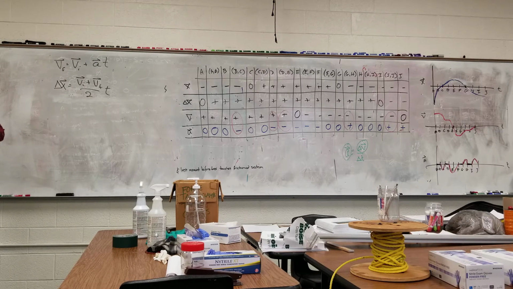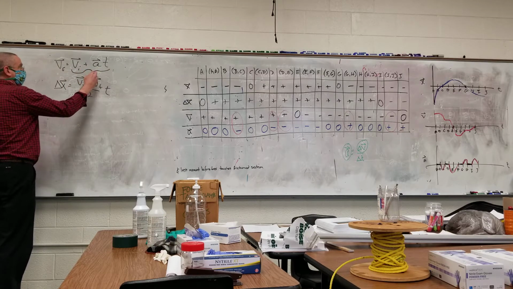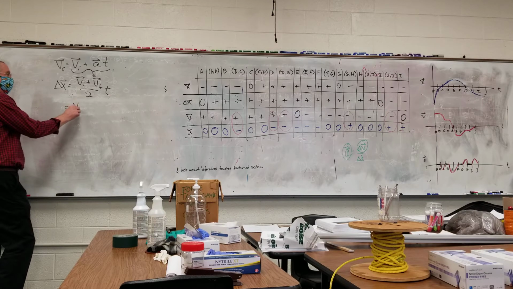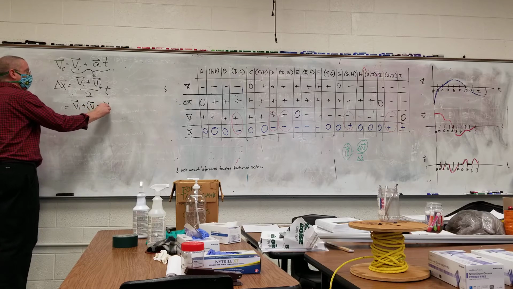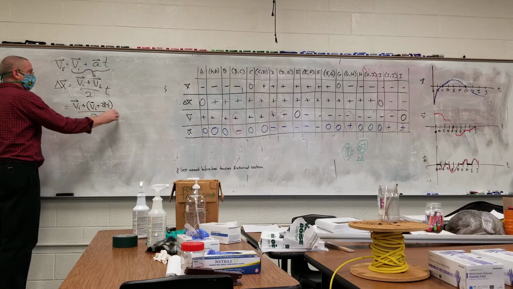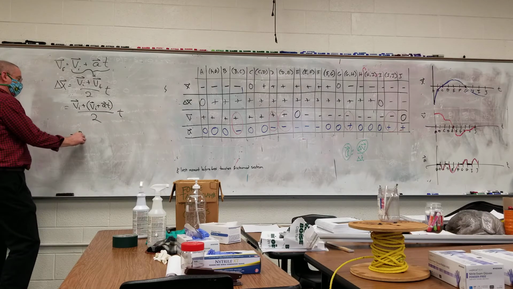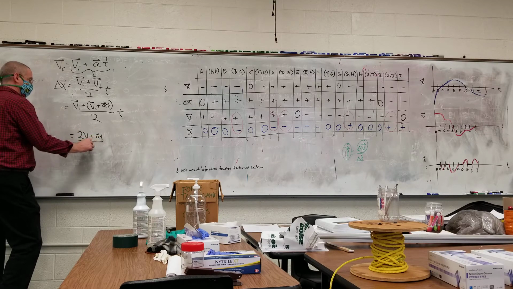All right, to get the next kinematic formula, basically I have a formula for VF, so I'm going to plug that in for VF here. So my displacement is equal to VI plus VI plus AT, all over 2 times time. I'm doing some addition there, so I get 2 VI plus AT over 2 times time.